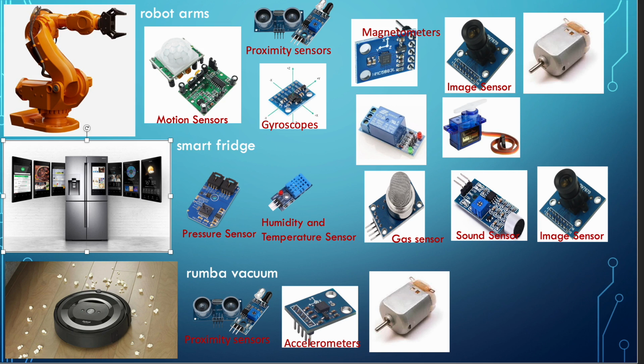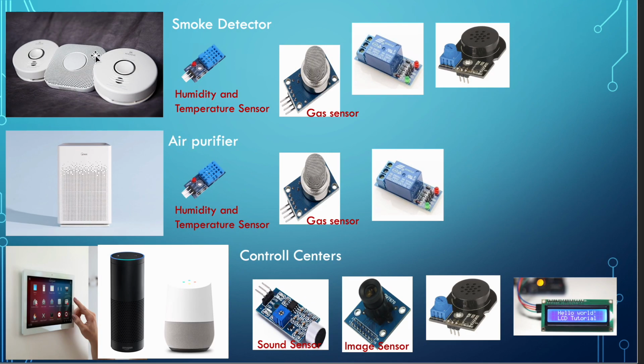For these things, actuators are needed. If you have smart smoke detectors, the primary thing they would do is give a sound alarm, and that alarm would need speakers. So that means there's an actuator again working, right?